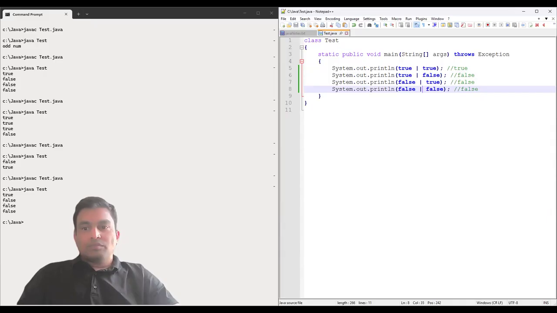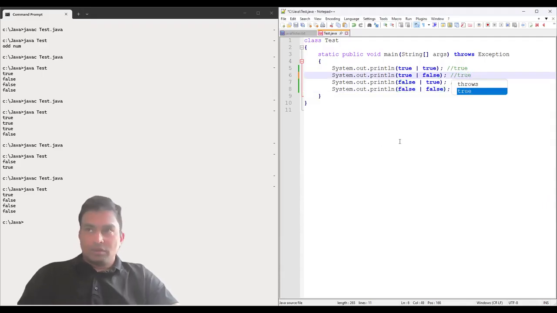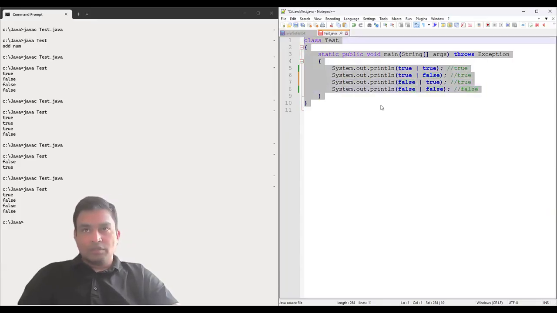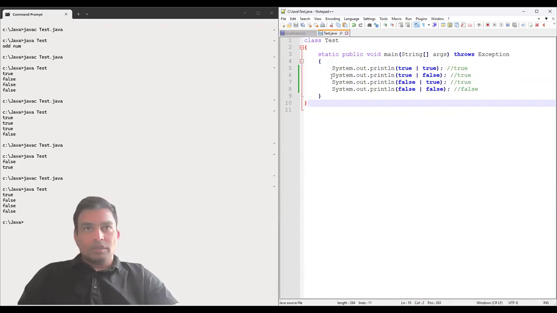And it's going to be true because at least one argument should be true, and for the rest, both of them are false and it is false. Let's execute this. It's going to be true, true, true, false.